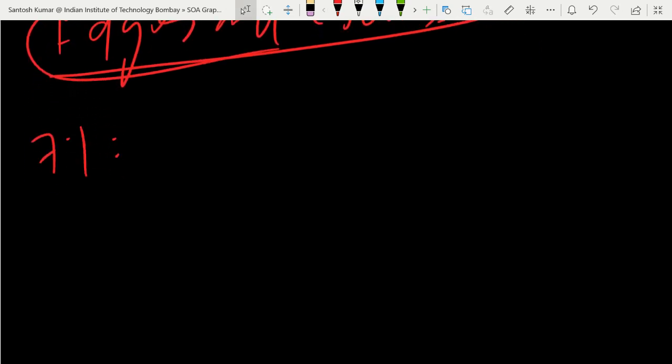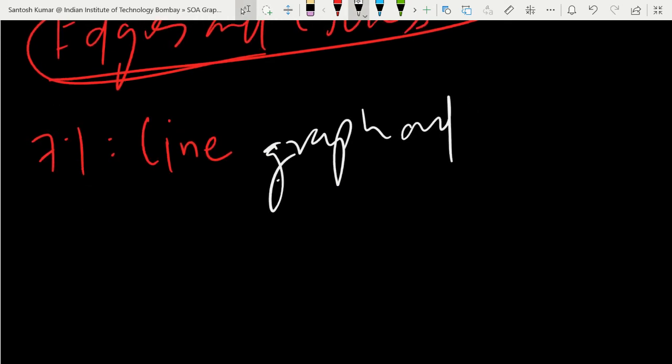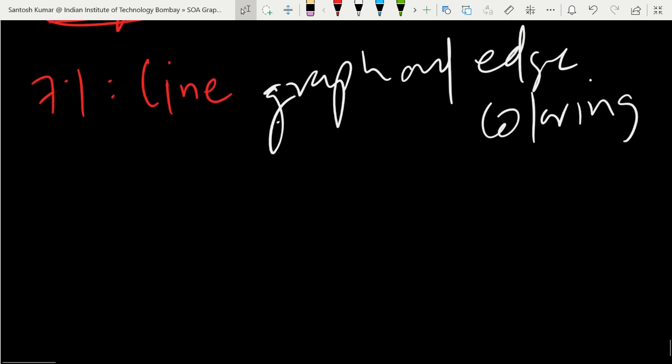Article 7.1 is line graphs and edge coloring. We have seen graph coloring, vertex coloring. Here we'll see line graph and edge coloring. The first topic we'll discuss is edge chromatic number.